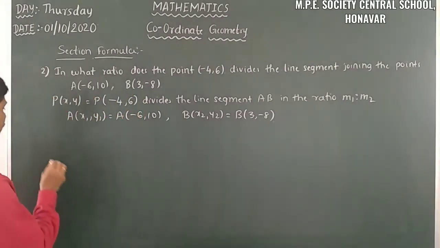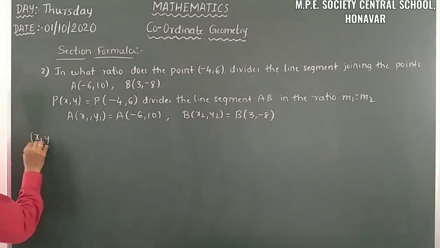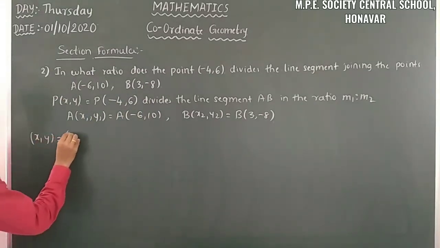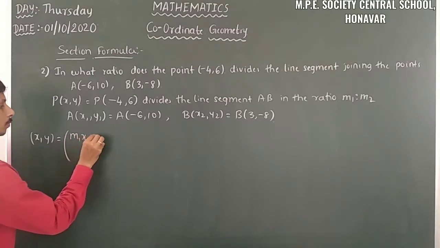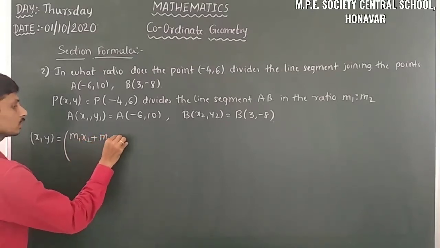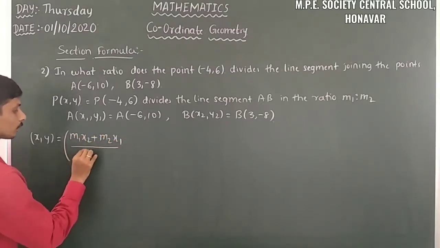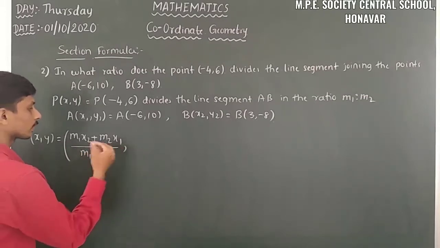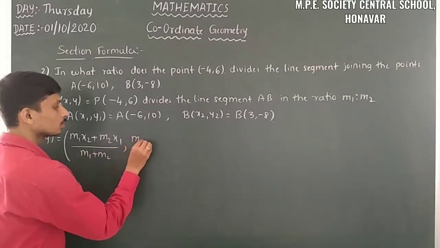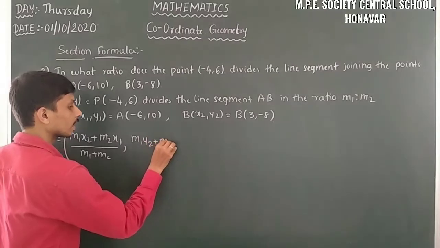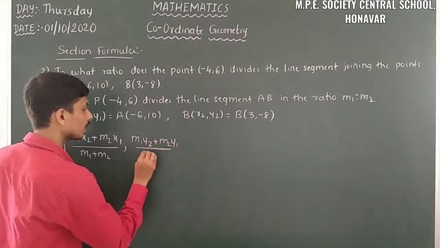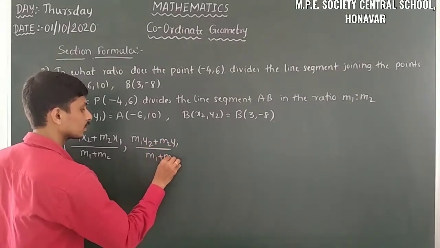What is the section formula here? x, y is equal to M1 x2 plus M2 x1 divided by M1 plus M2, then M1 y2 plus M2 y1 divided by M1 plus M2.